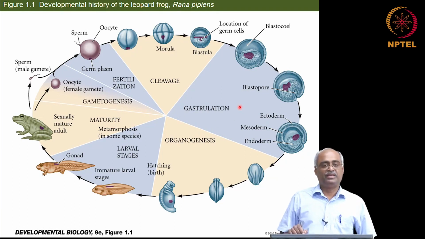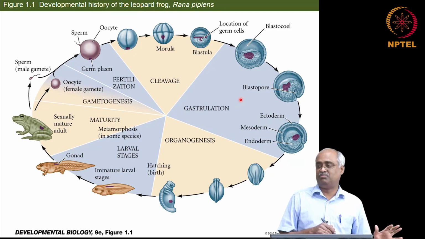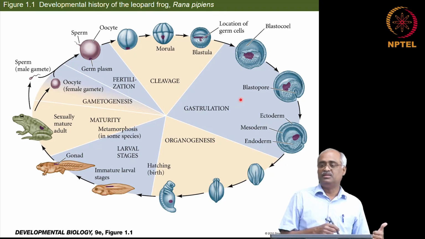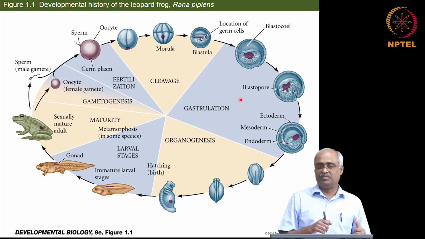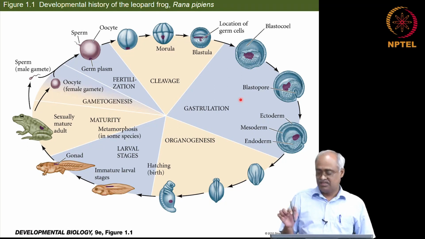Here you still do not have major differentiations. So you shouldn't get confused with the migrations and differentiations that happen later. Here it is primarily rearrangement of the cells into three major layers we call germ layers, and the end of that you call gastrula.